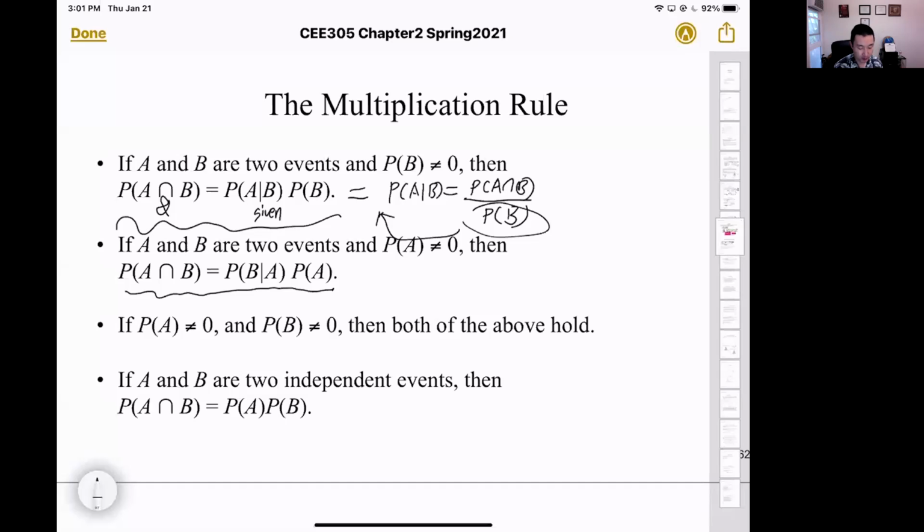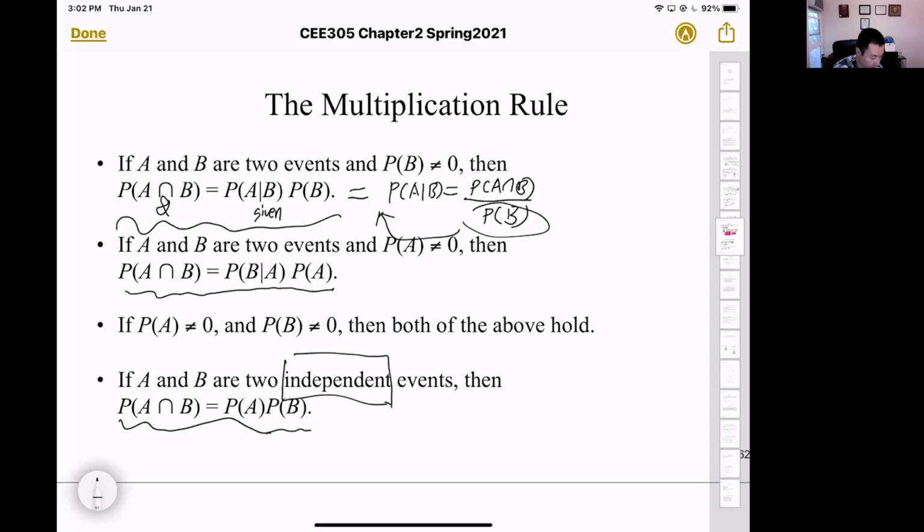And if these two events are independent of each other, then the equation will become this one. If they are independent, P(A and B) will be P(A) times P(B). For example, we toss a coin twice.